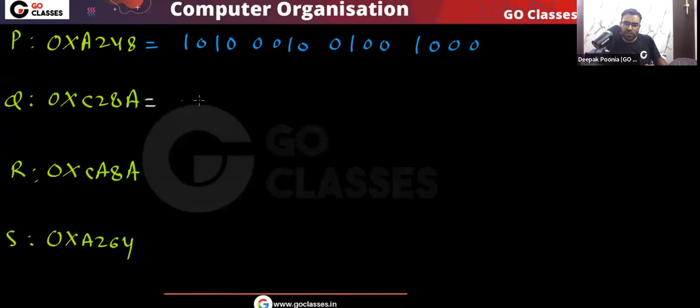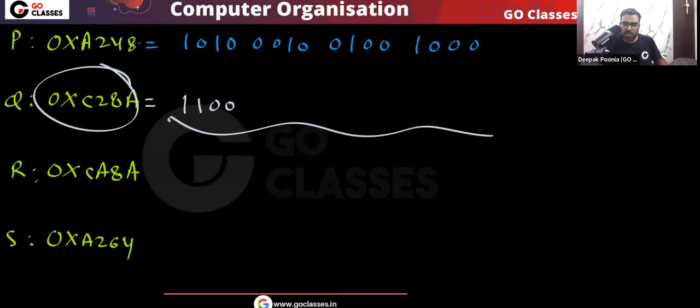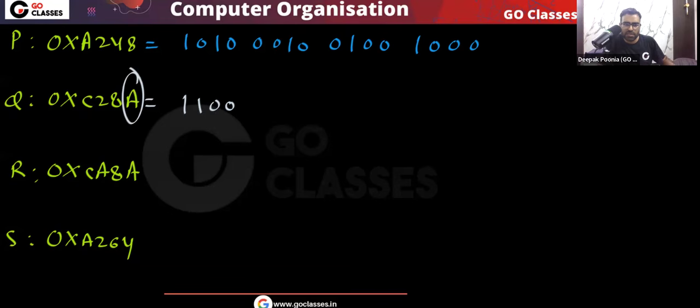What about Q in binary? C means 12, which is 1100. How do we convert a hexadecimal address to a binary address? Every hexadecimal digit is replaced with the corresponding 4-bit binary number. So 2 means 0010, 8 means 1000, A means 1010.